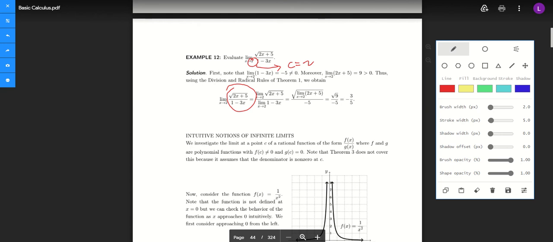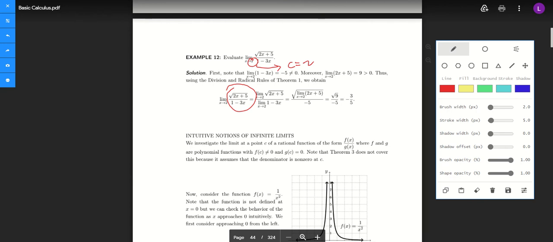So if we deal with the ones in the numerator, you will notice that we will apply the radical rule. So applying that rule means that you have to find the limit of the 2x plus 5. So do not mind the square root yet. So after you find its limit, that's the time that we deal with the square root.